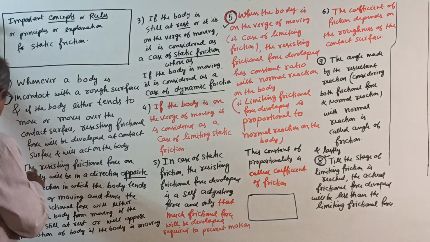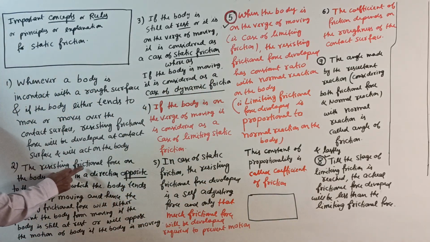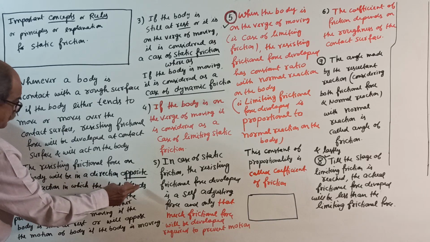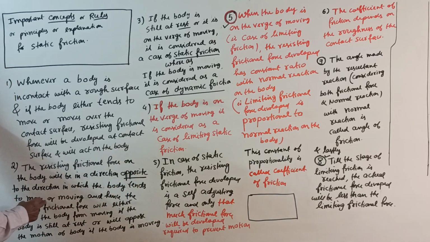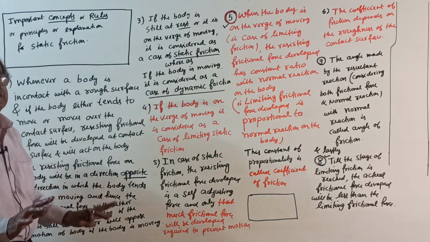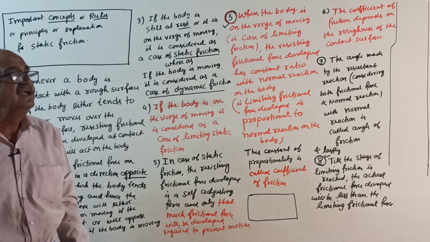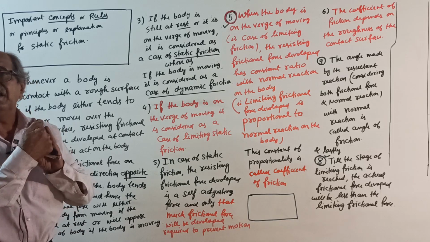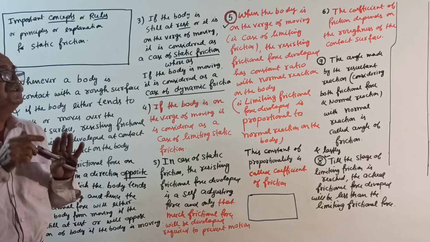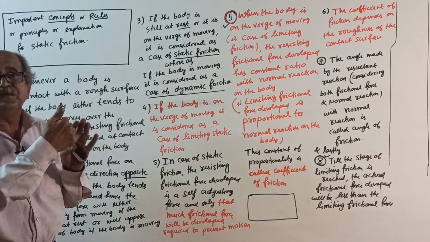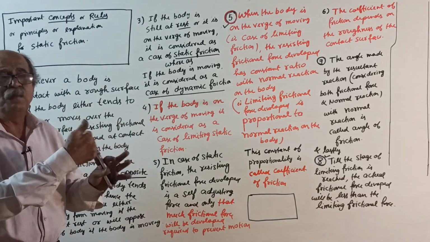Second point: the resisting frictional force on the body will be in a direction opposite to the direction in which the body tends to move or is moving. If the body is still at rest, that is, if the applied force is not able to create motion, the frictional force is there. It is opposite to the side in which you want to move. Or if it is already moving, again opposite.